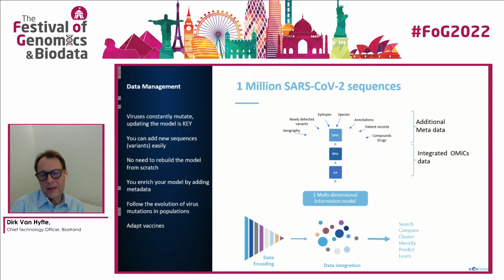We are indexing that data with our Hyfte patterns, and each Hyfte pattern also has these metadata labels associated, and it all resides in one multi-dimensional information model. And again, on this model, we apply our AI machine learning techniques to support the classical AI functions such as clustering, identifying, and predicting certain features.